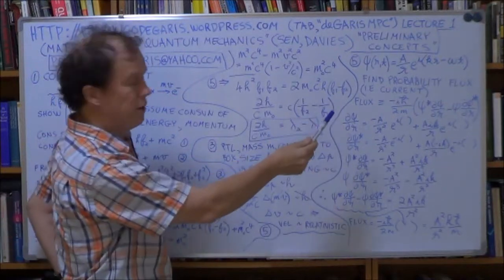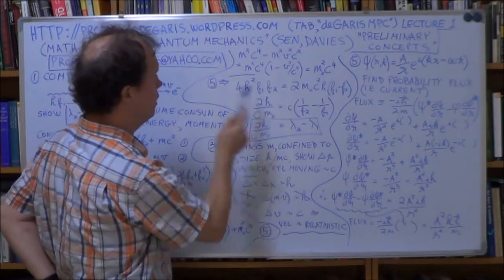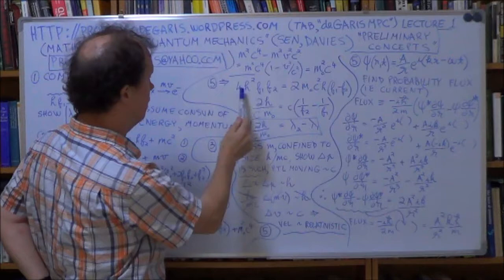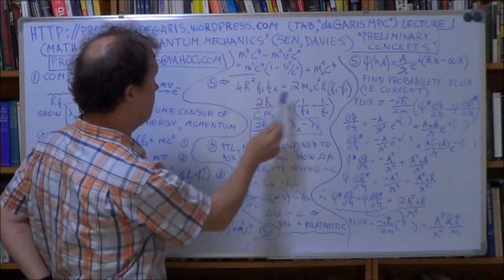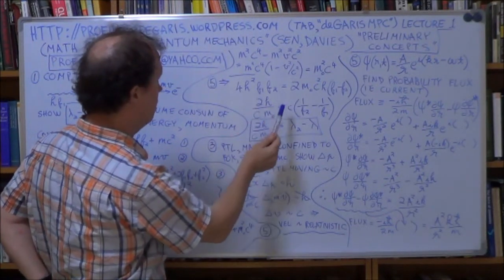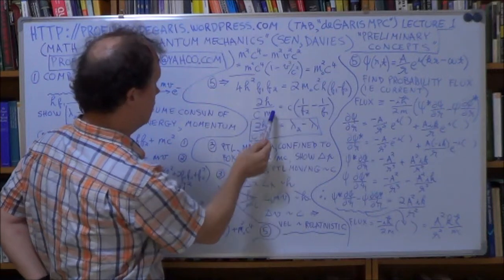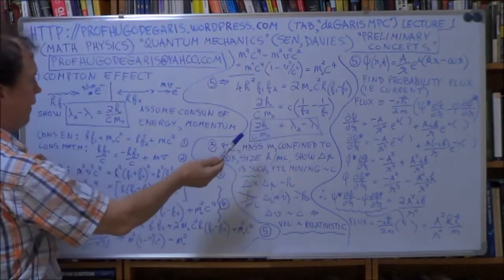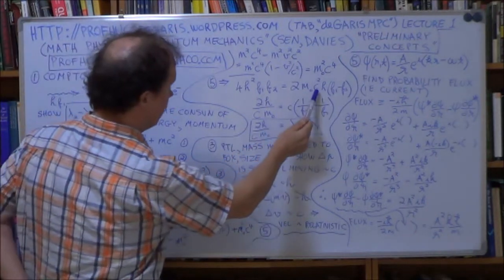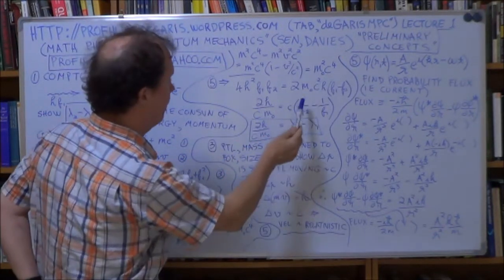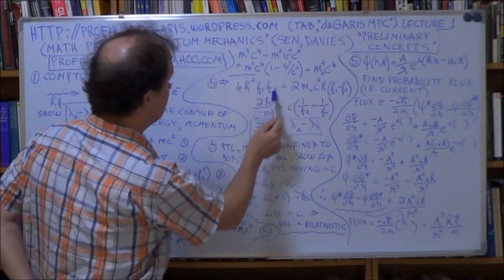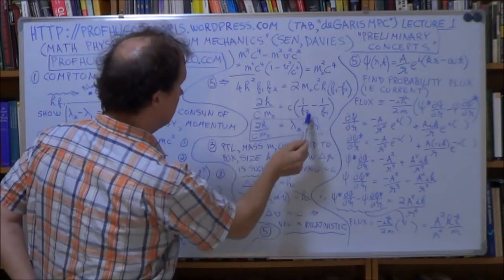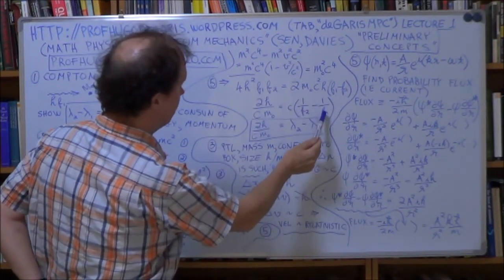Divide both sides by f1 f2, and you'll be left with 2h divided by c. Bring the m0 underneath, so you get 2h over c m0 equals, leave one of the c's here because we're going to need it. Now remember you divided by this, so you'll get 1 over f2 minus 1 over f1.